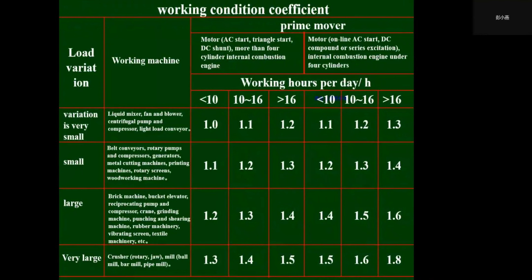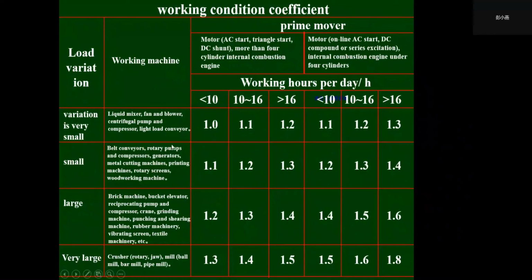And this is the table for working condition coefficient, and this is for the condition of the working machine, and this is for the prime mover. We usually choose this condition, and there is the working hours per day.